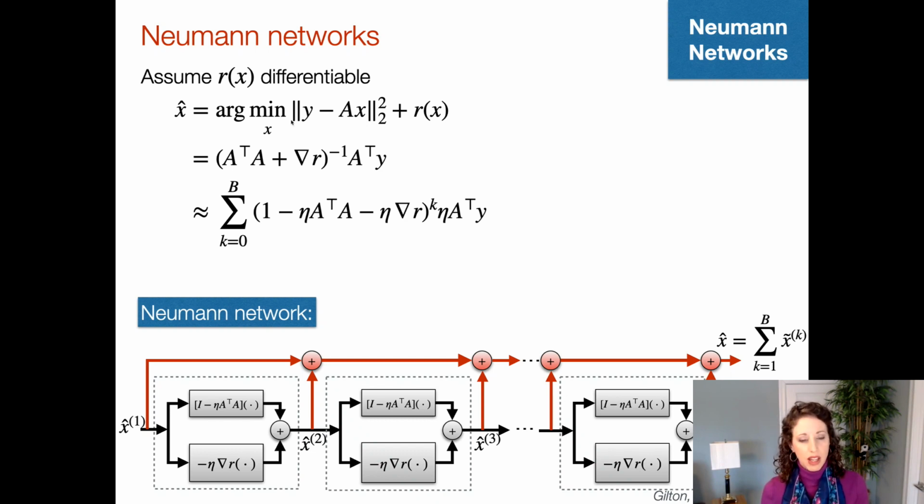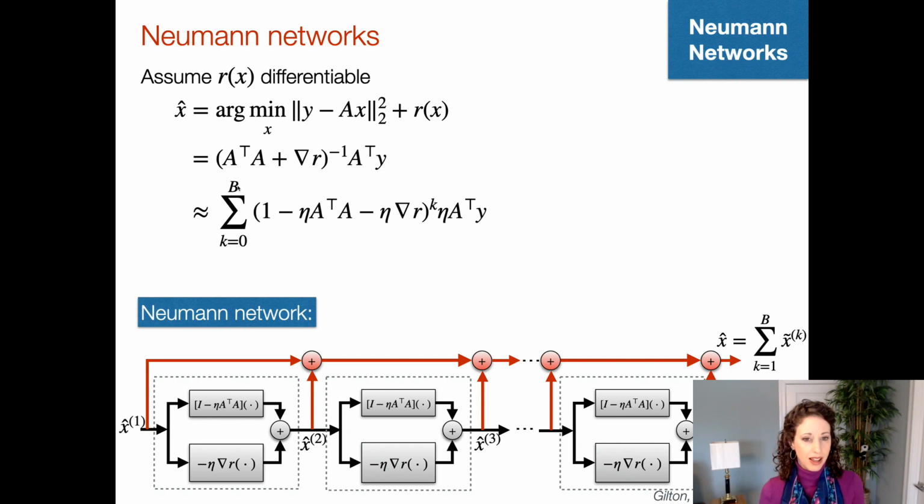Well, what I can do is think about the solution to this optimization problem as corresponding to the inverse of an operator corresponding to A transpose A plus the gradient of R, all multiplied times A transpose Y. If this operator in parentheses were linear, then I can think about its inverse using a Neumann series expansion, which is akin to a power series expansion.